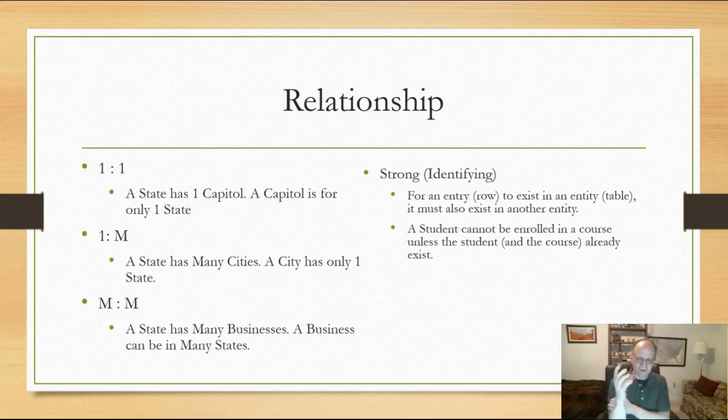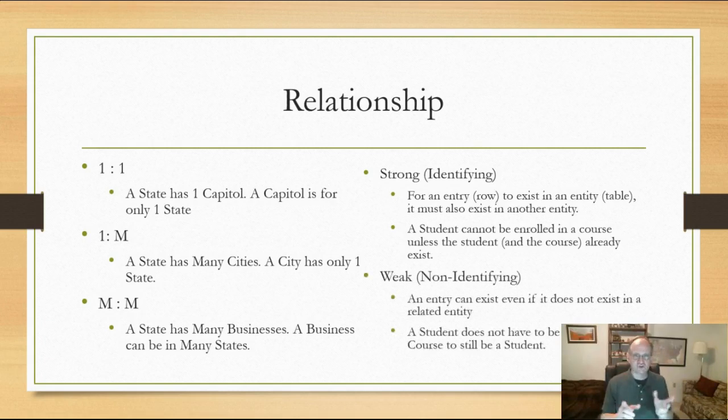For example, if I have a table for students enrolled in a course, we call it roster, I cannot have a row in the roster table unless the student exists already, and this course exists as well. Those are two strong relationships, meaning that a row in the roster table cannot exist without a student and a course.